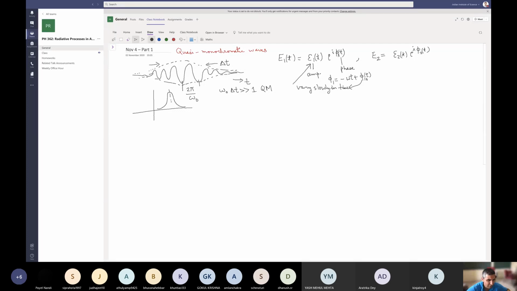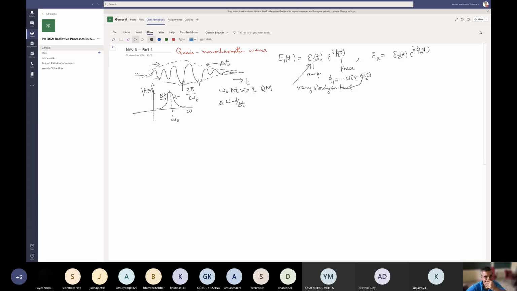Most of the power is at omega naught. This is the power spectrum, E omega squared, as a function of omega, and it has a bandwidth delta omega, which is of order 1 by delta t. So if delta t is very, very long, if you have an infinitely long wave with the same frequency, then delta omega is 0. Basically it's a delta function, right?